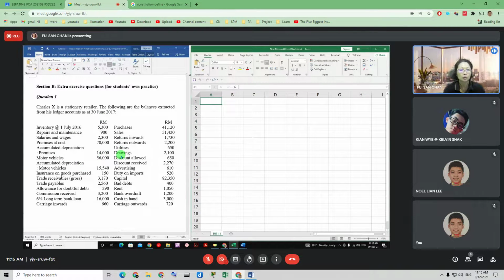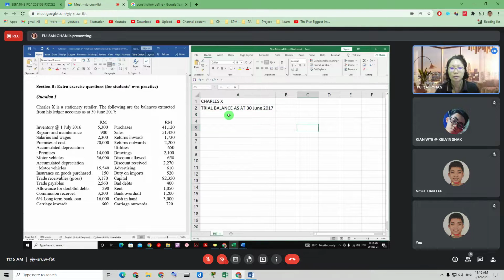Okay, so you can see, now we do the trial balance, we only consider all the numbers here. So for the trial balance, we put down a title: Trial balance of Child X Stationery Shop as at 30th June 2017.